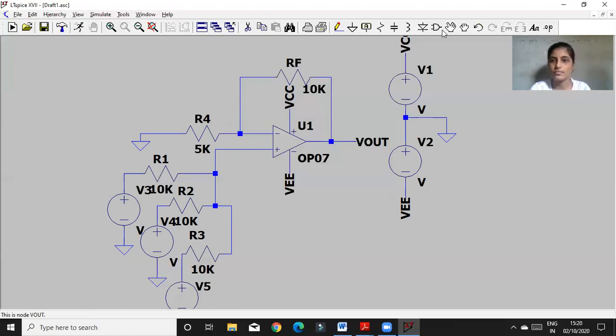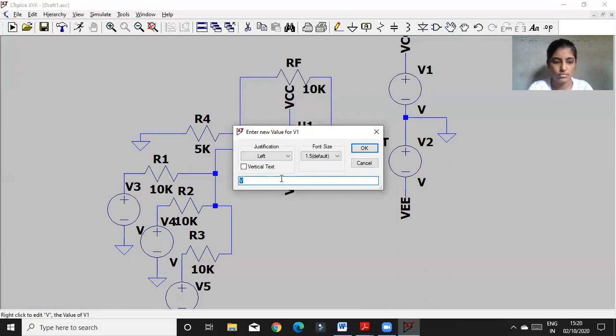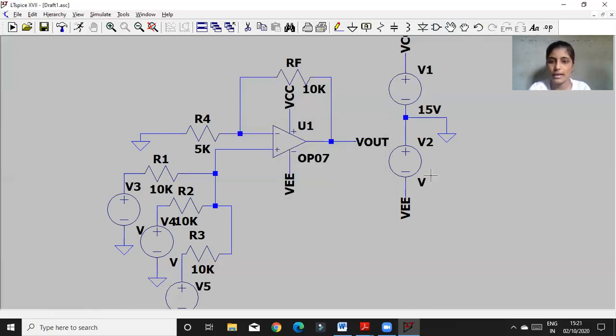So now this is my plus 15 volts, and this is my minus 15 volts.